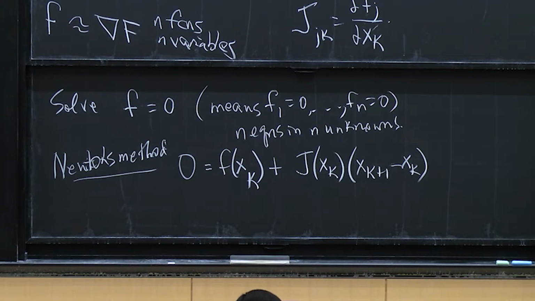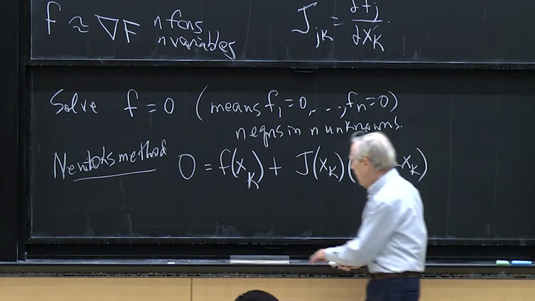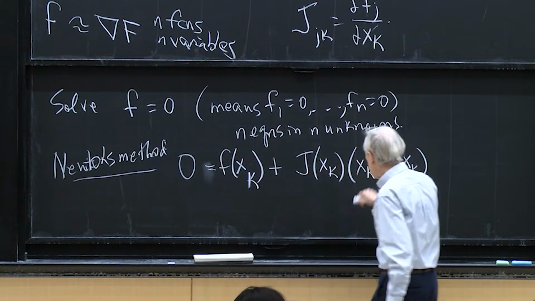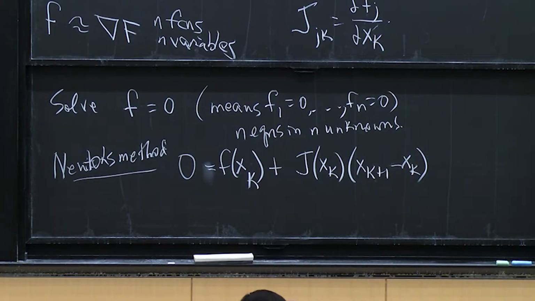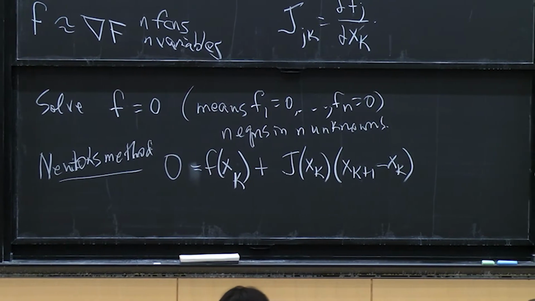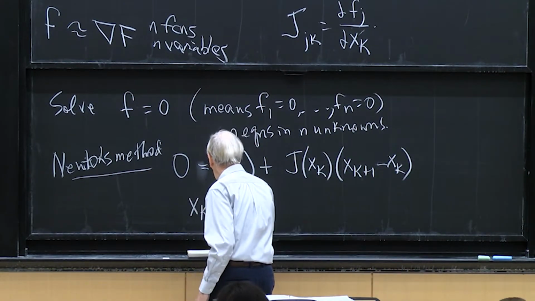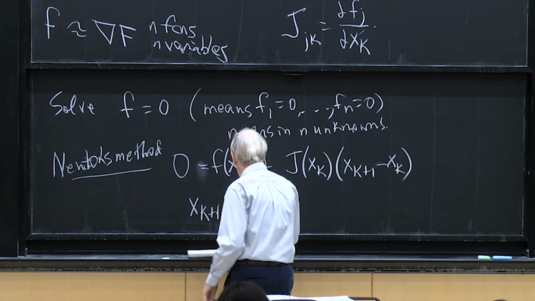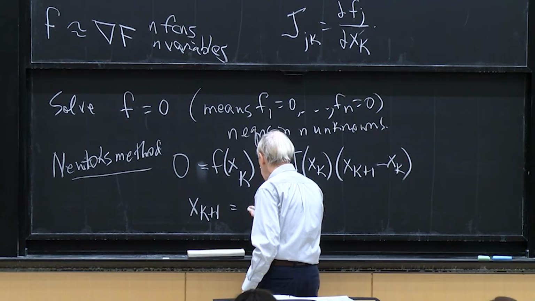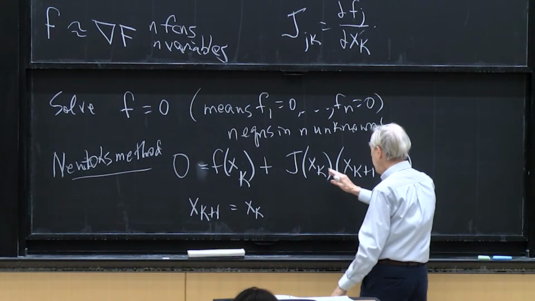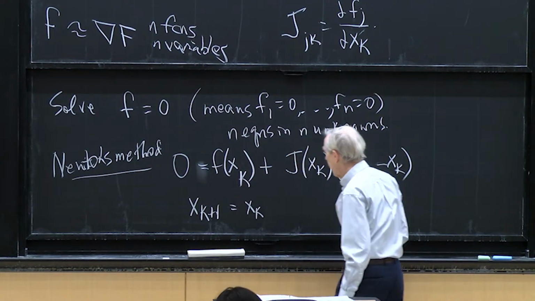Good. That's Newton's method. Of course, 0 isn't quite true. Well, 0 will be true if I'm constructing xk plus 1 here. So let me just rewrite that, and we've got Newton's method. We're looking for this change, xk plus 1 minus xk. I'll put it on this side as plus xk. Now I have to invert that and put it on the other side of the equation.